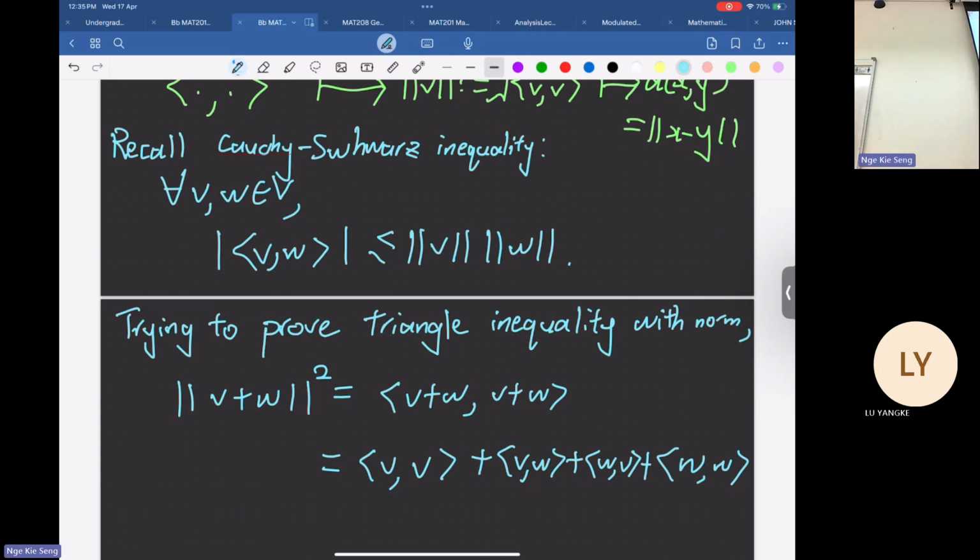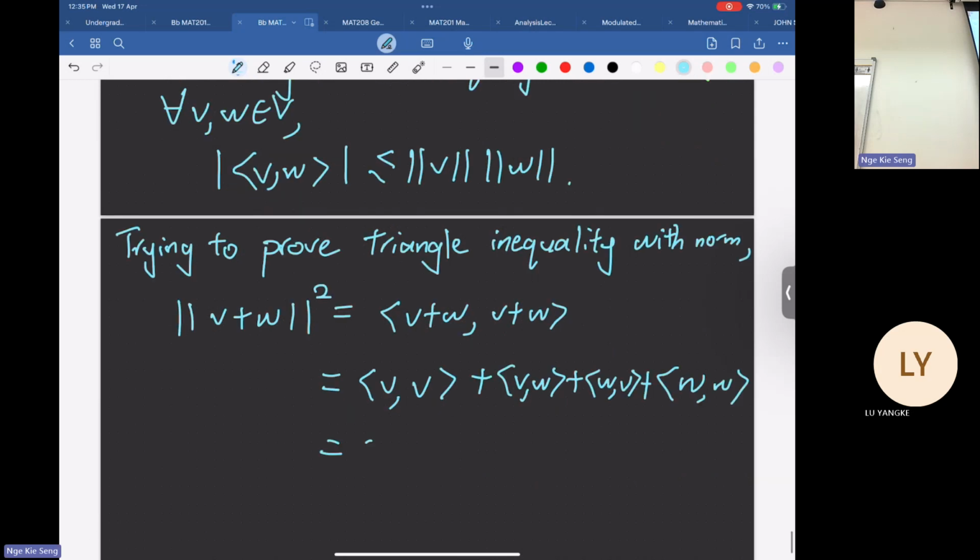They are not the same, but the same up to conjugation. So if you add a complex number with its conjugate, you get a real number. In particular, here you get double the real part of v dot w.